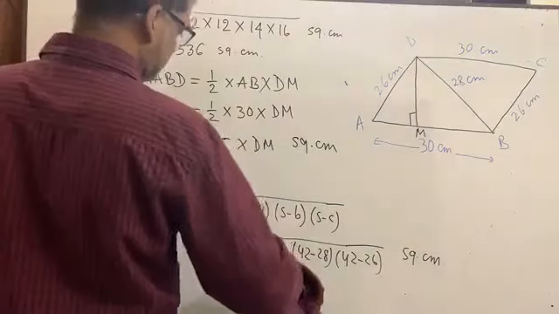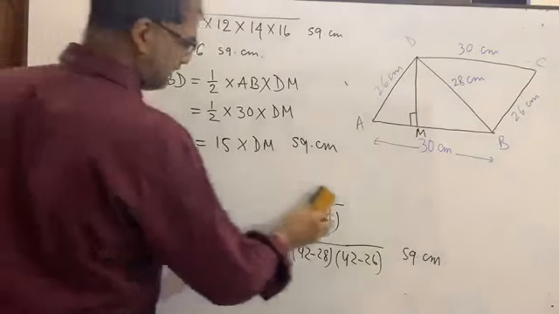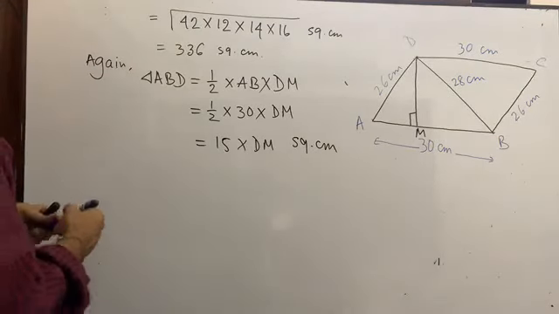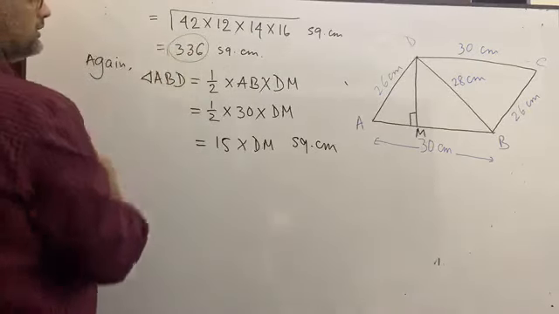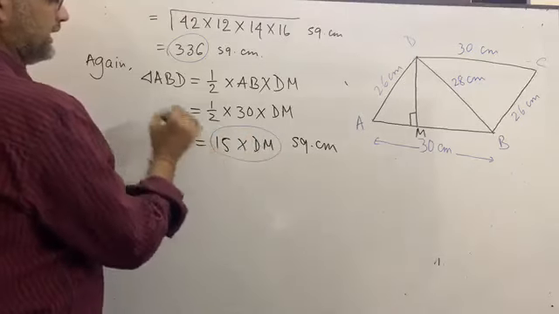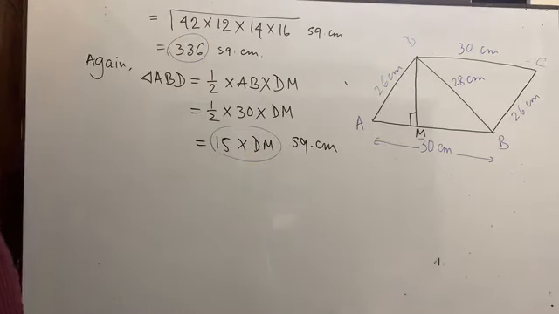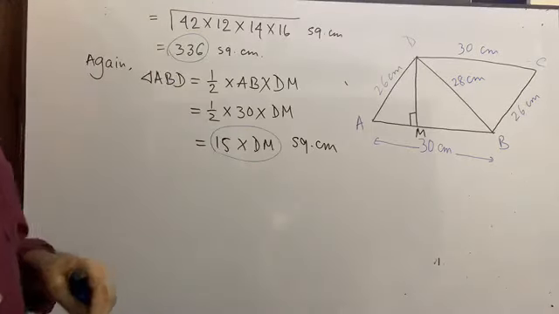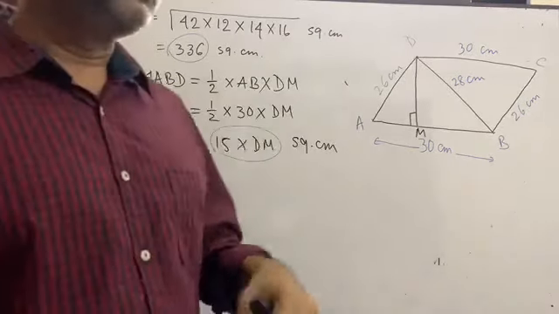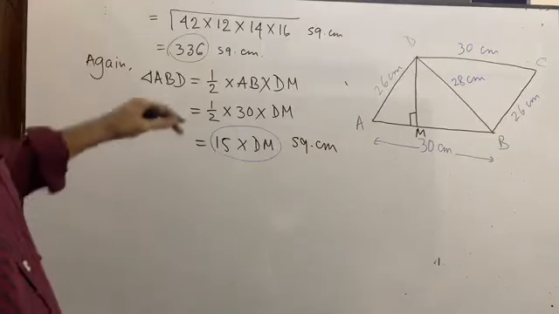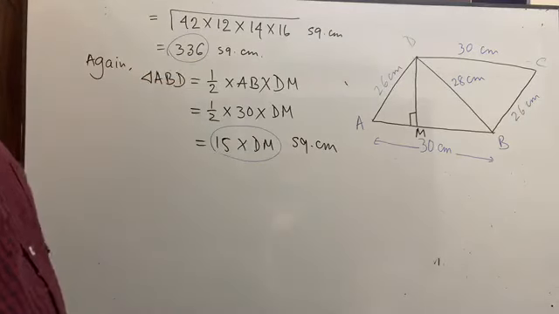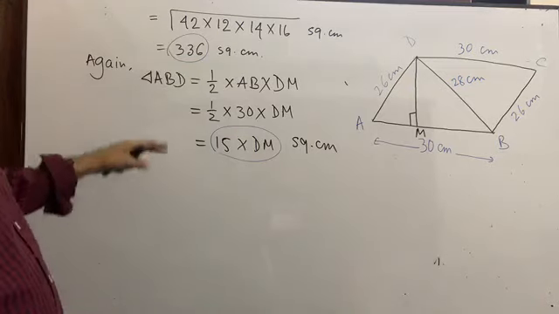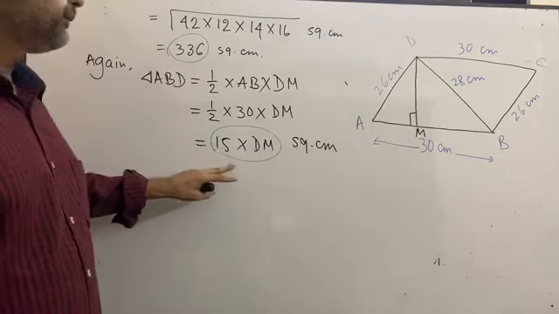According to the question, this area and this area will be equal. When I found this area, it was triangle ABD. Can you remember, please? This is the area of triangle ABD. Again we have found the area of triangle ABD as 15 into DM.